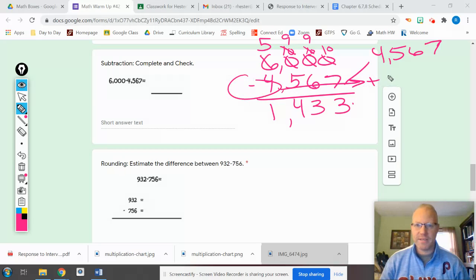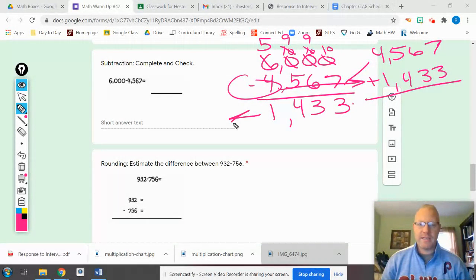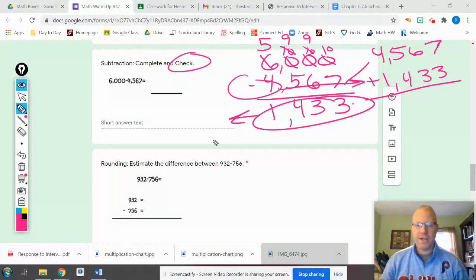So we're going to do the opposite, and we're going to add 1,433. And when you add that, it should equal 6,000 if we did this correctly. So your answer to this is 1,433, just showing you how to check. You can't show that you checked here. You're just doing it as practice.